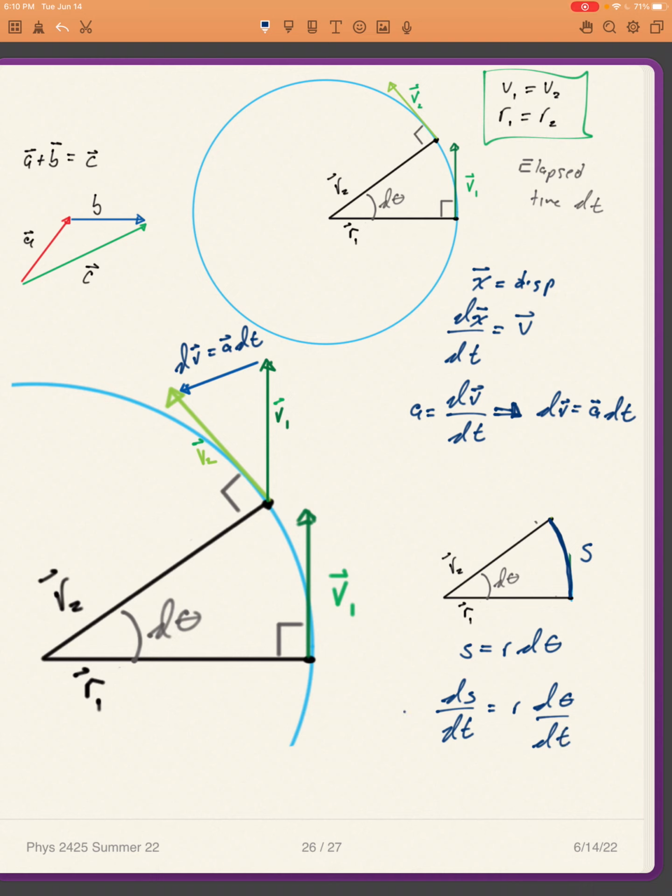This is also a speed or a velocity if I have my vectors there. Okay, so from here I can gather that d theta/dt is equal to v over r.